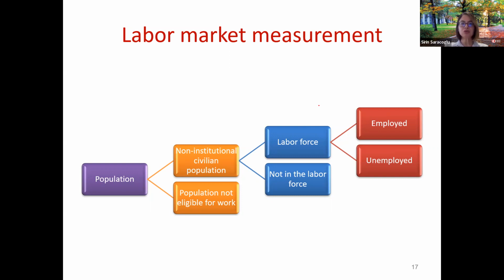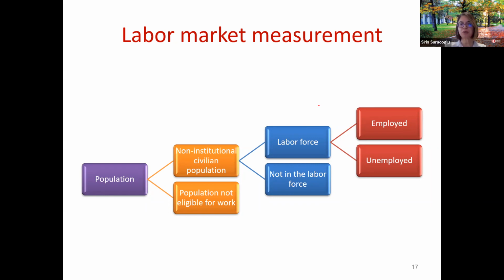So non-institutional civilian population means this is the working age population which is not in mental hospital, therefore eligible for work, which is not in mandatory military service, for a short time, be it 6 months or 1 year. And mind you, this is not the population which chooses military work as a profession.